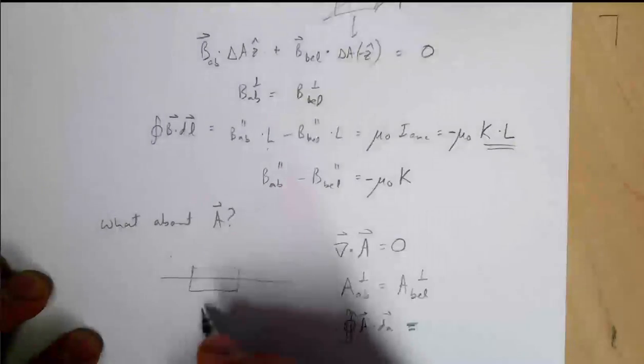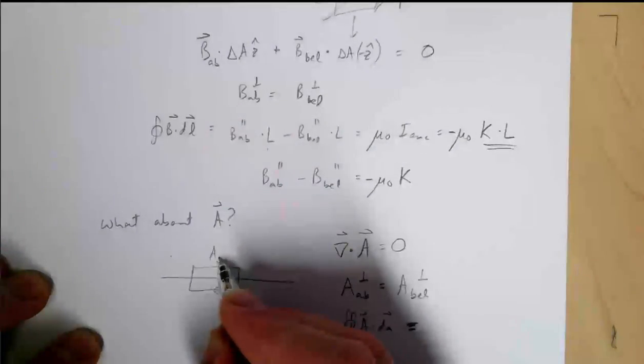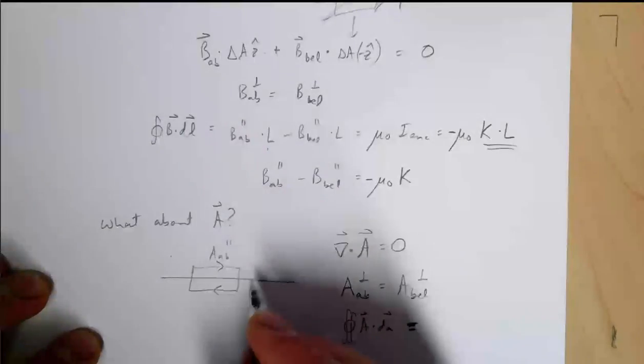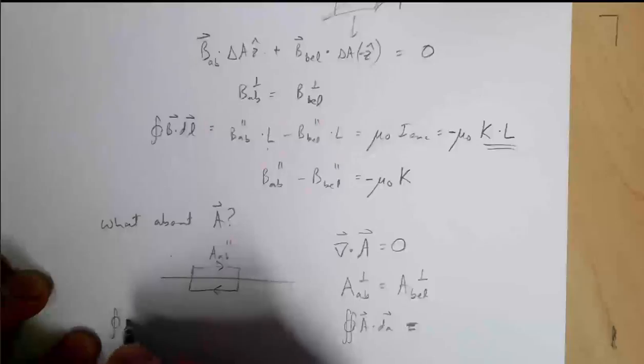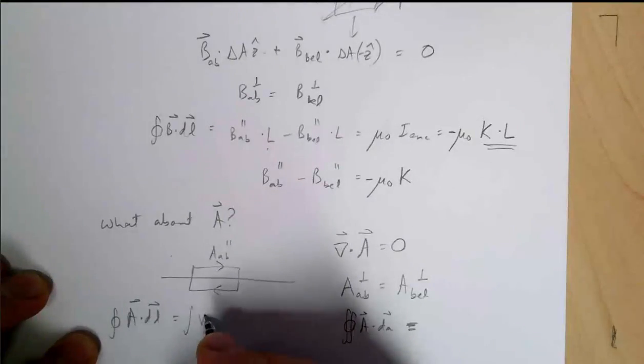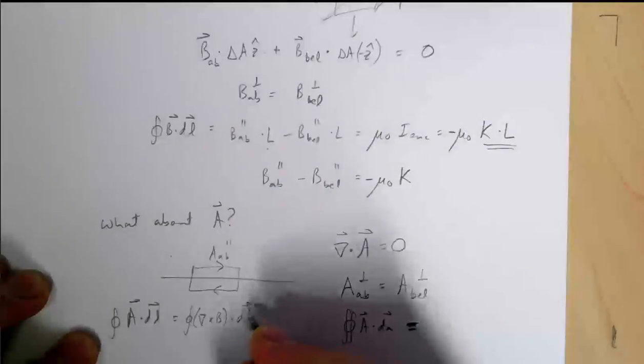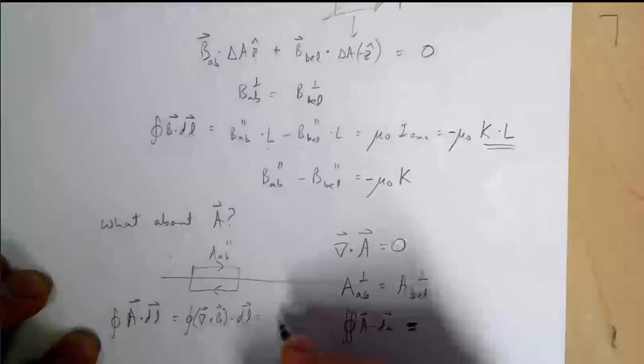So another thing that I could do is I could actually make a loop here. For example, I could say that there's an A above parallel going in this direction here. So I'm going to do an A dot dl, right? And actually, A dot dl is essentially the same thing as the curl of A dotted with dA, and we know from before that we can use Stokes' theorem, so this is actually the same thing as B dot dA, right?